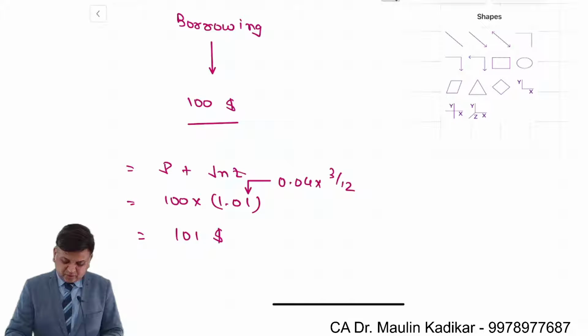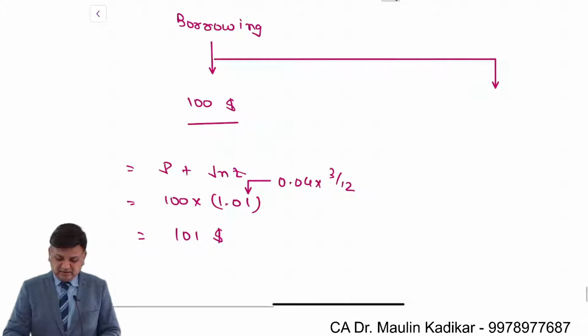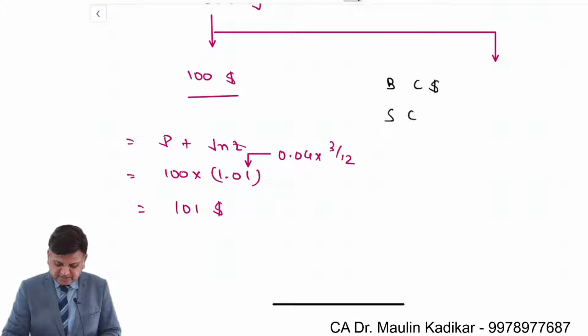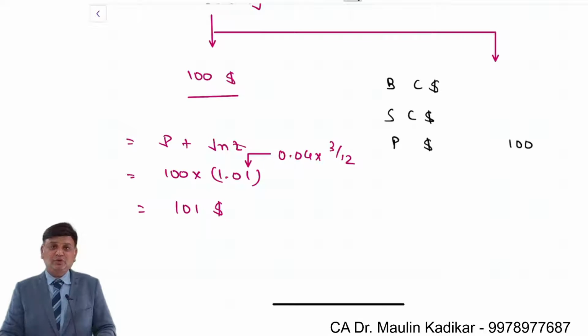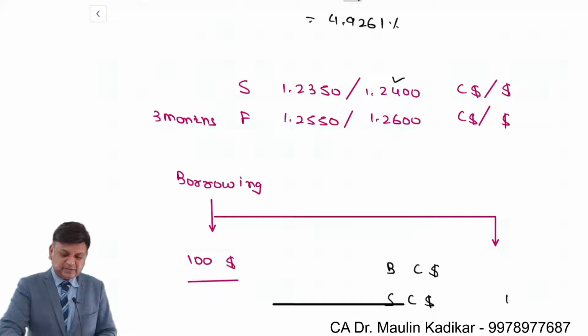Now if you borrow in Canadian dollar terms, what will happen? We borrow Canadian dollar, sell Canadian dollar, purchase dollar. In order to make it comparable, you are required to purchase $100 which you have to use in the business. At the spot exchange rate, a higher amount of Canadian dollar is required to be sold to purchase a dollar.